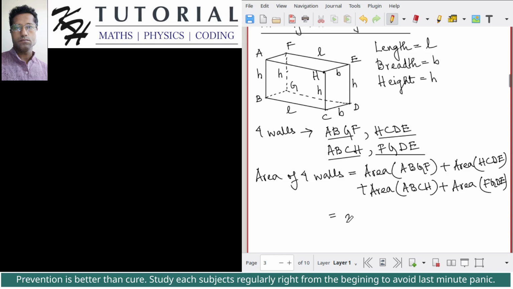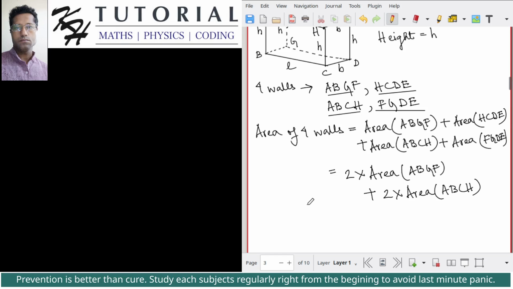So I can write 2 into the area of ABGF plus, similarly, the area of ABCH and FGDE will be equal, as they are the opposite walls, and we know that the opposite walls will have the same dimensions, that is the length and breadth. So we have 2 into the area of, let's say, ABCH.